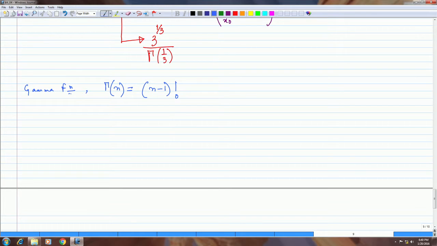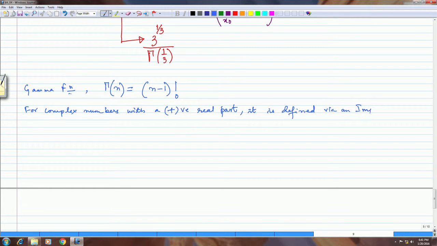Now, for complex numbers with a positive real part, which is important, it is defined via an improper integral, which looks like this.